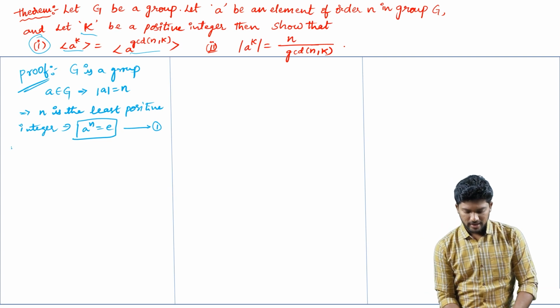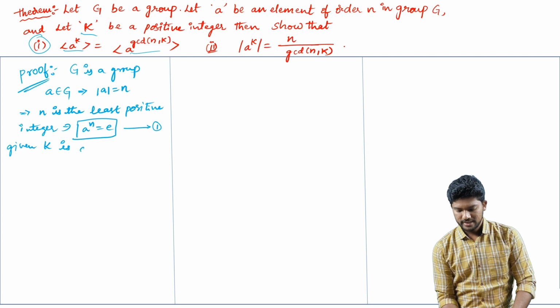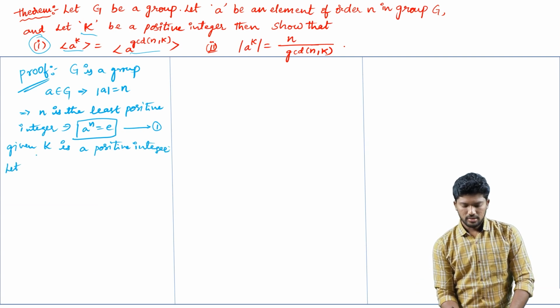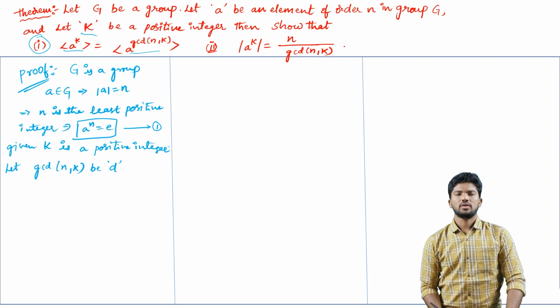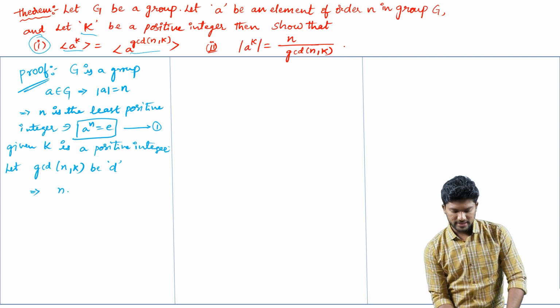Now, given k is a positive integer, let GCD of n comma k be d. So GCD of n comma k is equal to d.